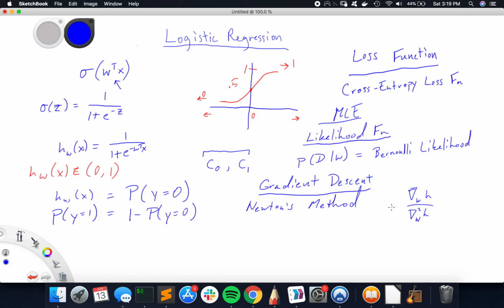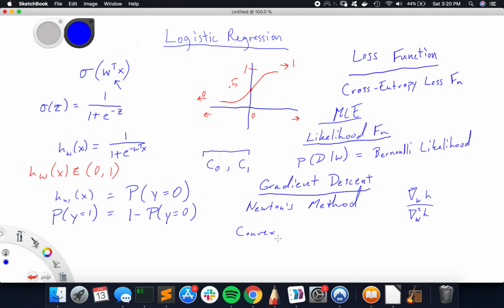And it uses this to determine the direction in which to step in the optimization. Both Newton's method and gradient descent are guaranteed to converge to the global optimum for logistic regression, because the cross-entropy loss function in this instance, with the logistic regression model, is convex.